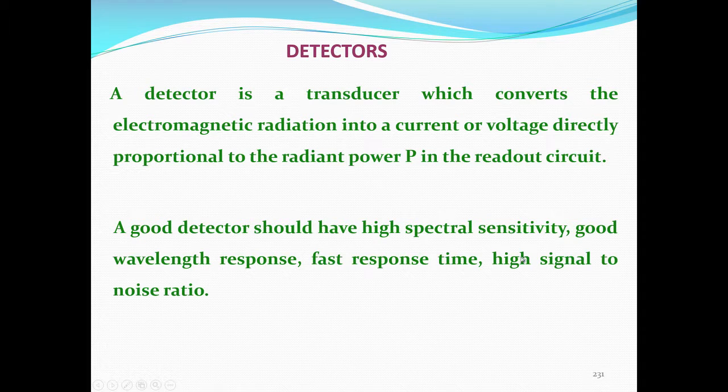So, one of the important things is a high signal to noise ratio. Several hundred people have worked on this aspect in various detectors. A lot of data has been available and fantastic improvements have been made to increase the signal to noise ratio, that is, to reduce the noise and increase the signal.